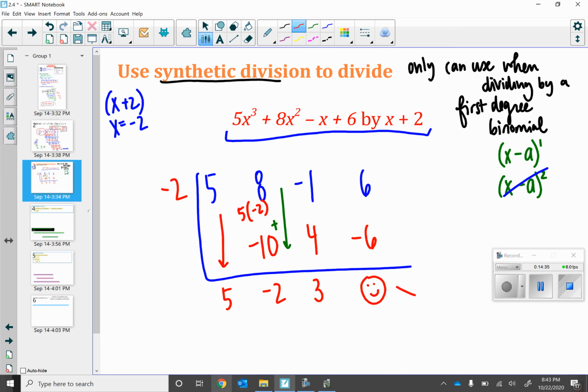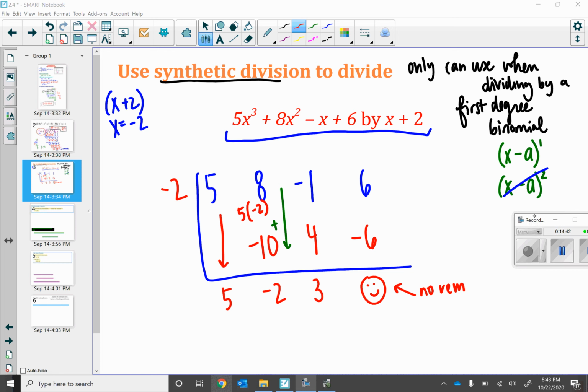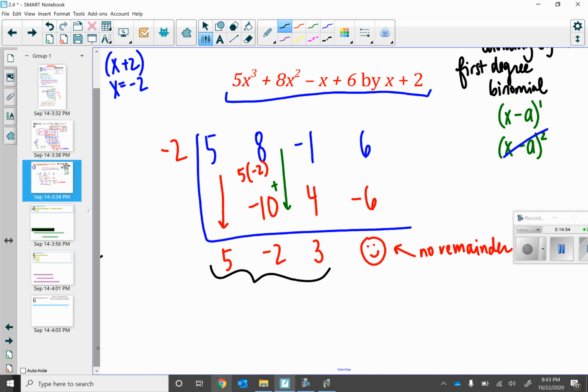This is what we want. This says that I have no remainder, which is what we want here. No remainder. Well, what's my answer then? We take these numbers and we change them into our polynomial. Specifically, as we go from right to left, they have increasing x value.